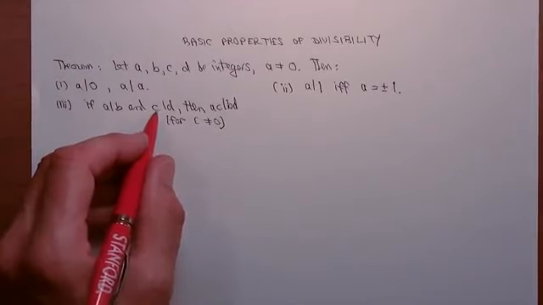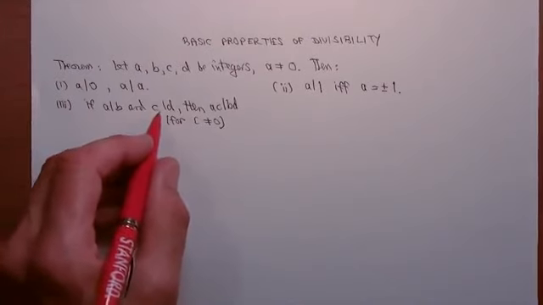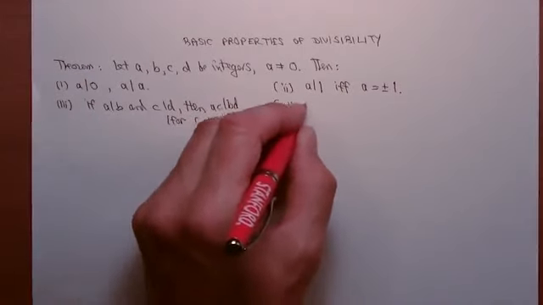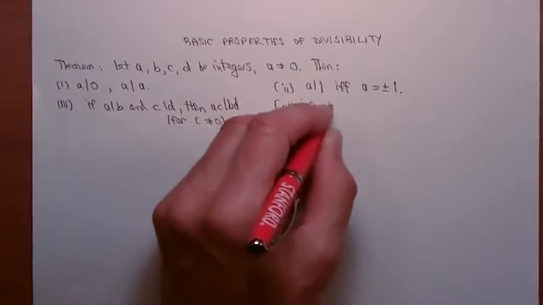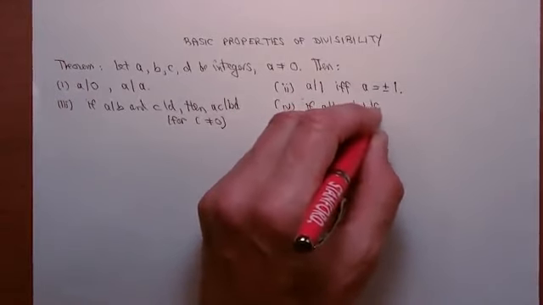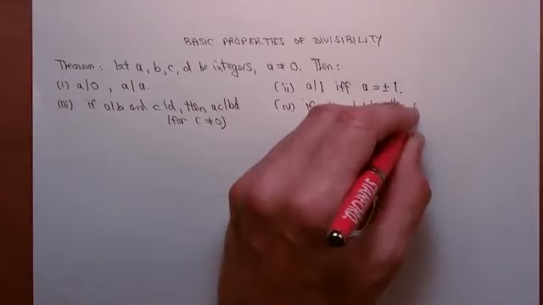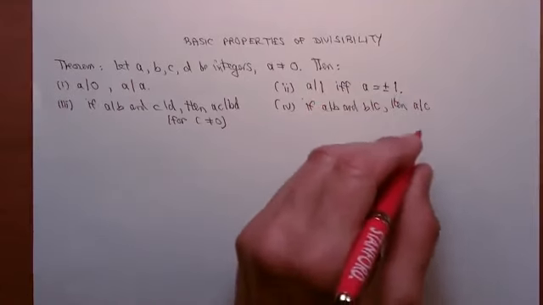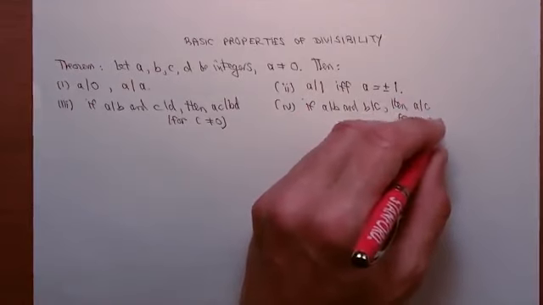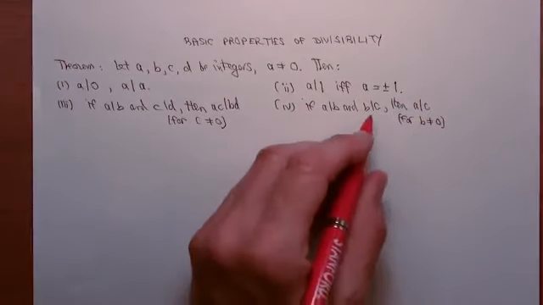The division theorem itself excludes the case of division by 0. 4, if a divides b and b divides c, then a divides c, and this is under the assumption b non-zero. Again, we have to exclude the possibility of division by 0.